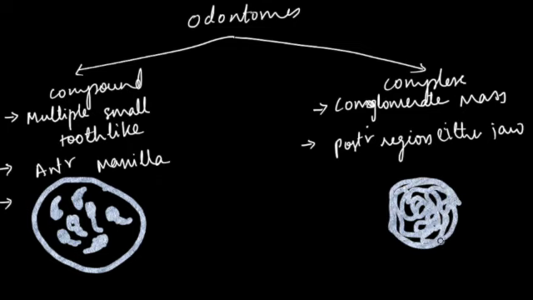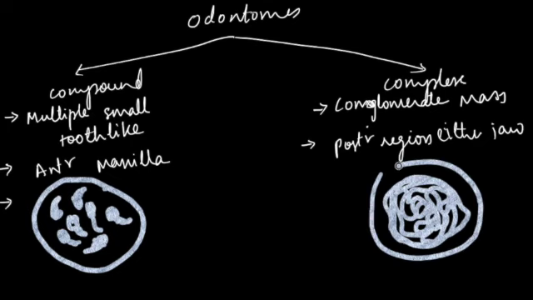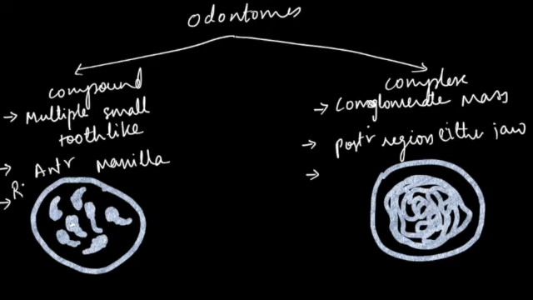This radiodensity is similar to the tooth structure, and that is also surrounded by a radiolucent rim. This is the radiographic appearance of compound and complex odontomes, and when the tooth is impacted, the odontome will be sitting on top of it, which is also very clearly appreciated in the radiograph, and this will be the reason for the uneruption or the impaction of these teeth.